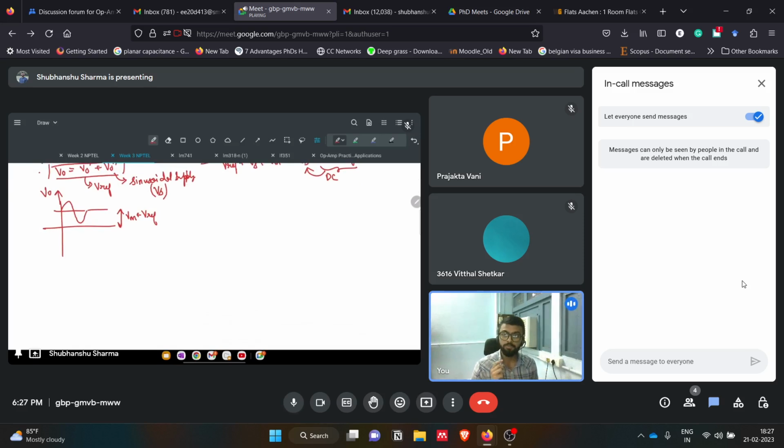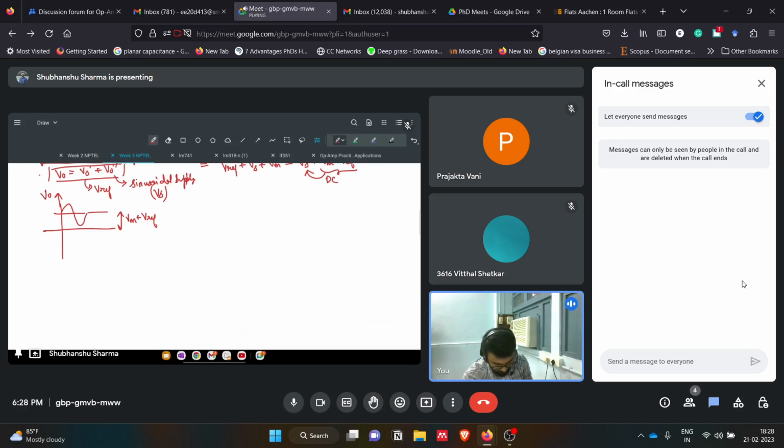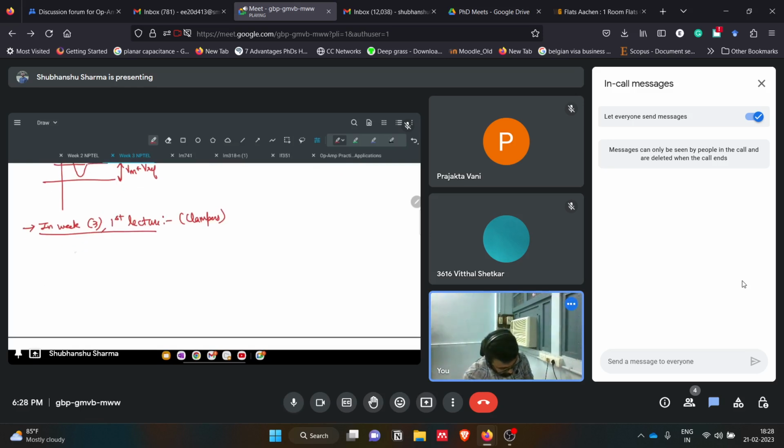Now, if you would have taken the lectures in week 3, we saw that the output waveform was getting saturated, like it was getting blunt at the ends. In the week 3 first lecture on clampers, we observed the output waveform like this.